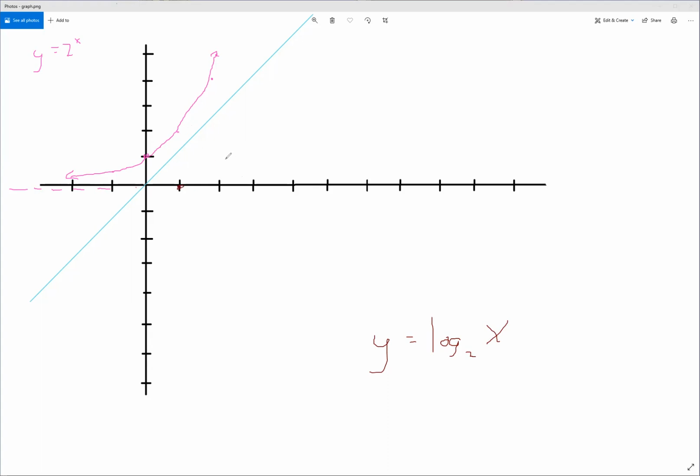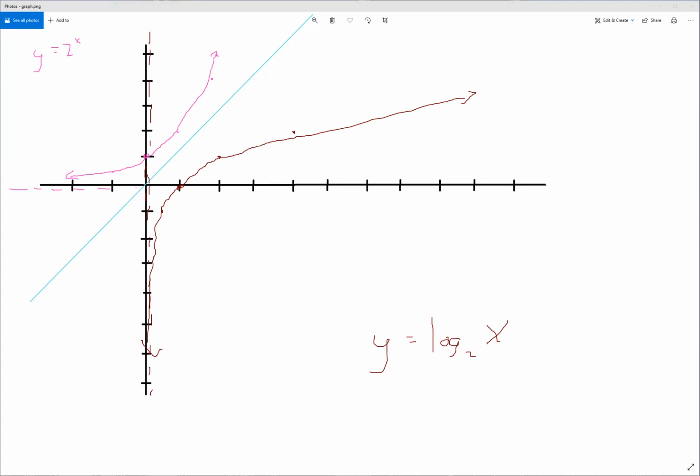Instead of at 1, 2, it's going to be at 2, 1. Instead of 2, 4, it's going to be at 4, 2. It'll be at 1/2, -1. And instead of having a horizontal asymptote, it's going to have a vertical asymptote. I guess I could call it a tangent line, but it's an asymptote. And so the graph of this is going to look something like this, basically.